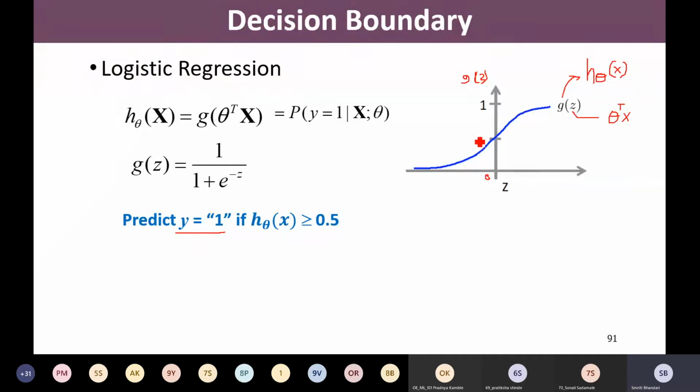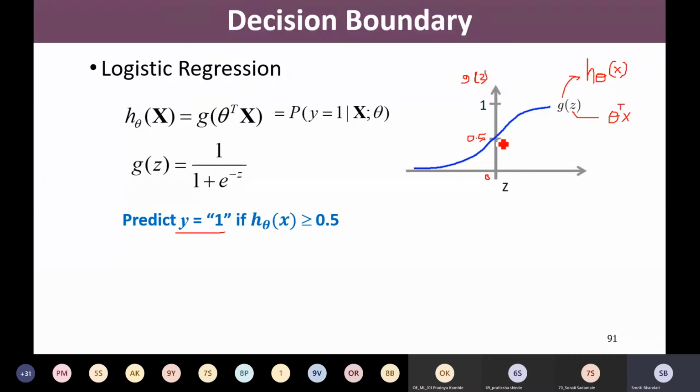And this threshold or this value is, say, 0.5. So this is my 0.5.